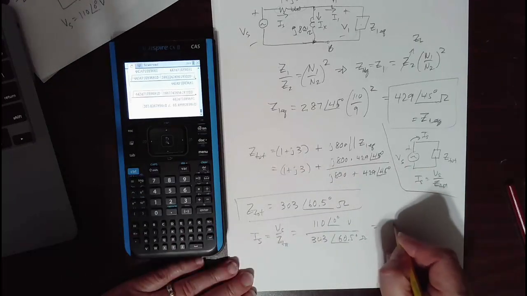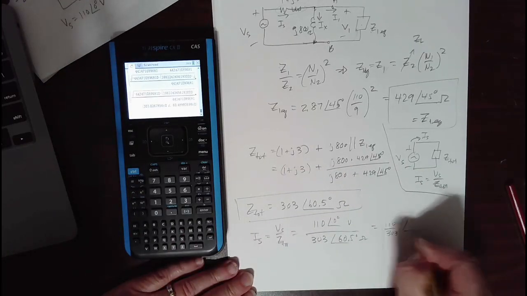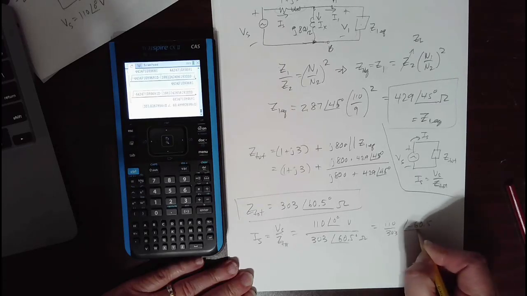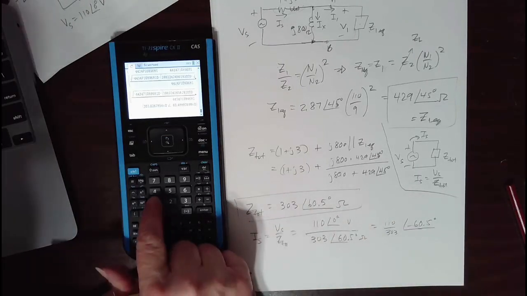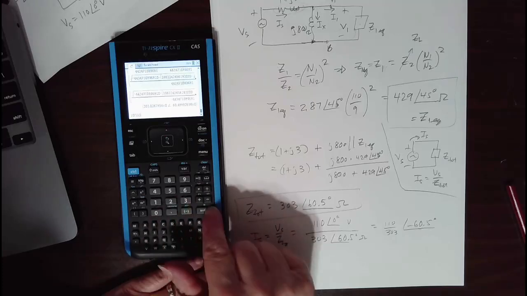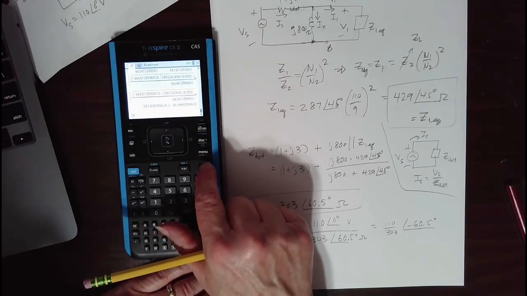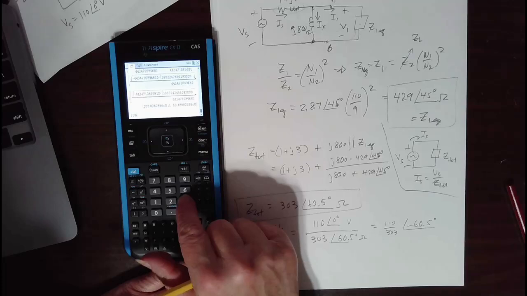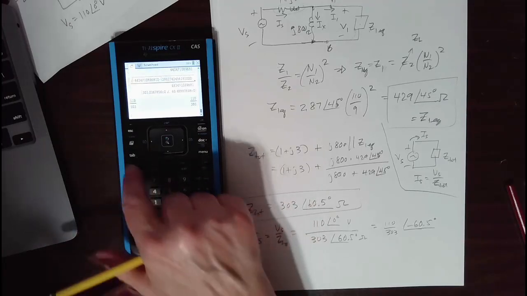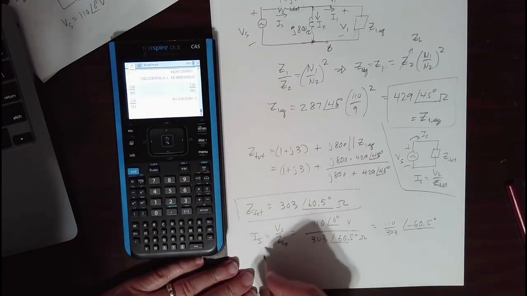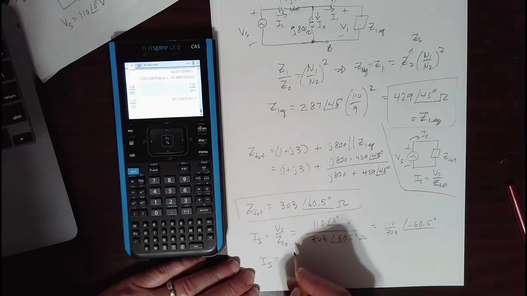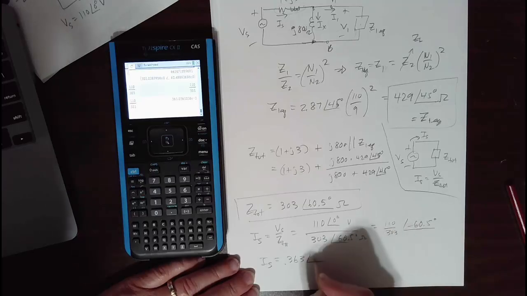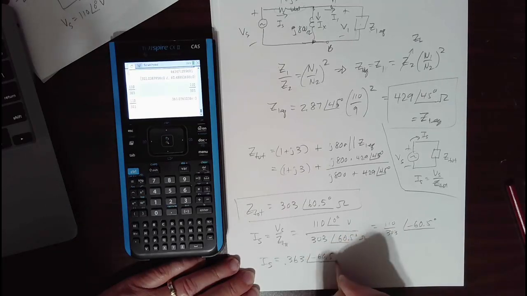So that's going to be 110 over 303, angle negative 60.5. 110 divided by 303. So IS this time is 0.363, angle of negative 60.5 degrees.